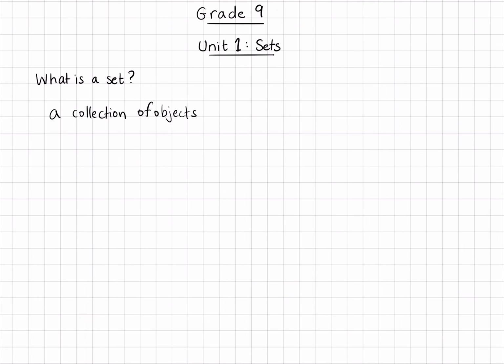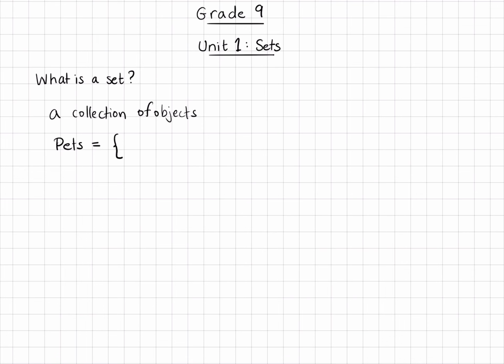So for example, let's look at a set that we're going to call pets. In this set, I want to put a bunch of objects, but I can't just write the objects right away. I'm going to use curly brackets to contain my objects. And for all sets from here on, we're going to be using curly brackets to put them in a group together.